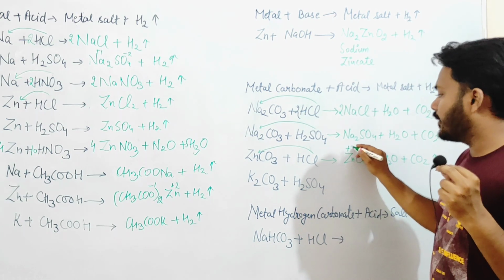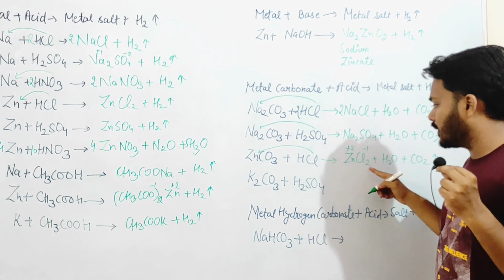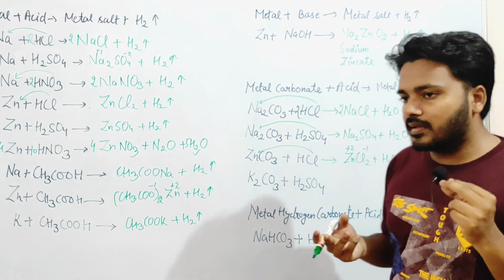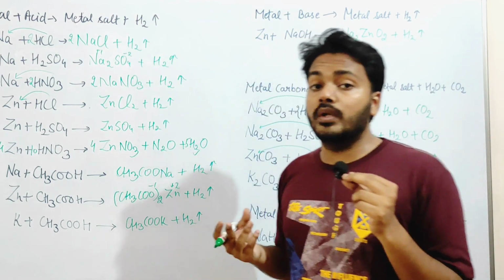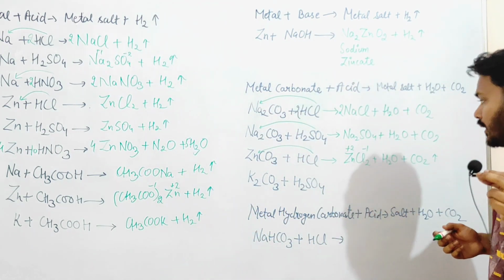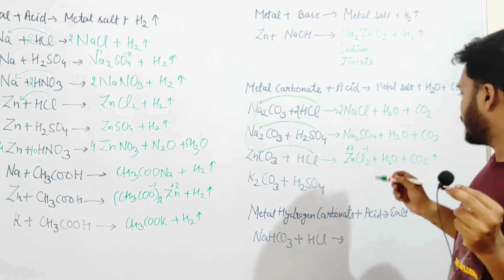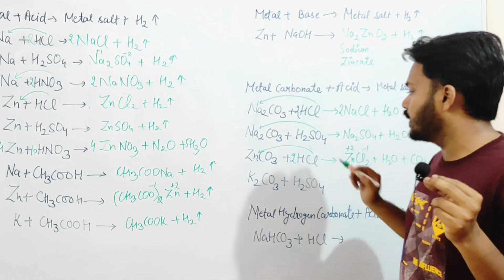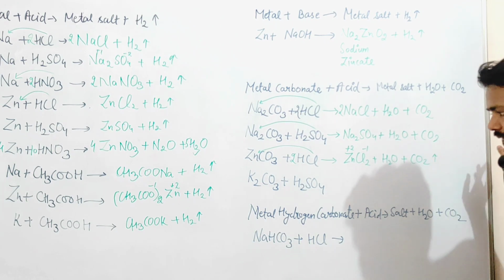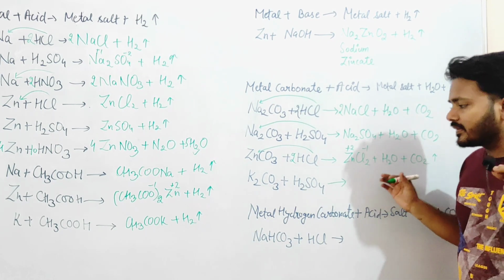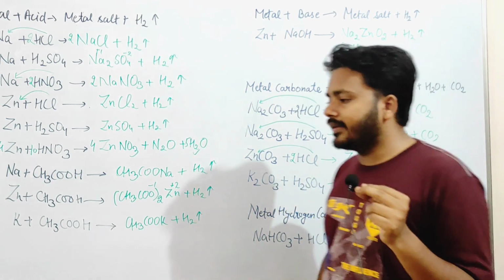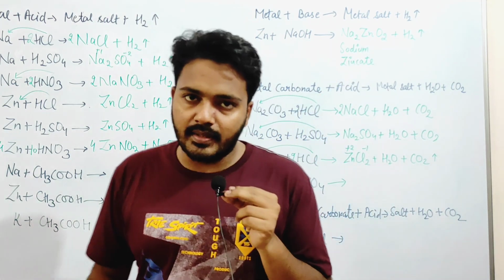Because zinc has +2 charge, chlorine has -1. For balancing this charge, we have multiplied Cl with 2. Okay, we have to balance it, multiply with 2 here only. This is balanced. Now in the next reaction, potassium carbonate reacts with sulfuric acid.